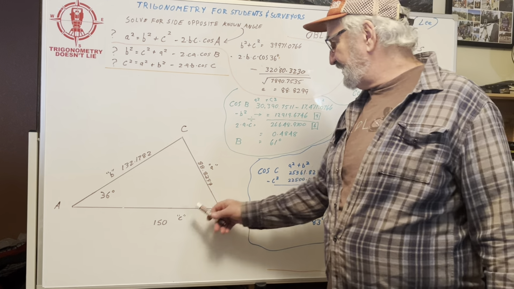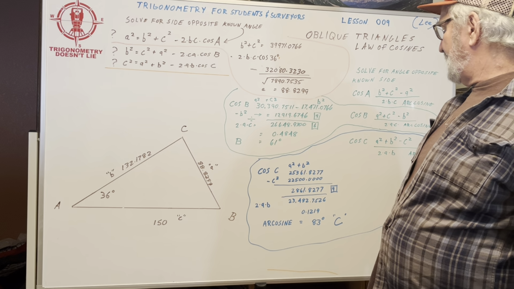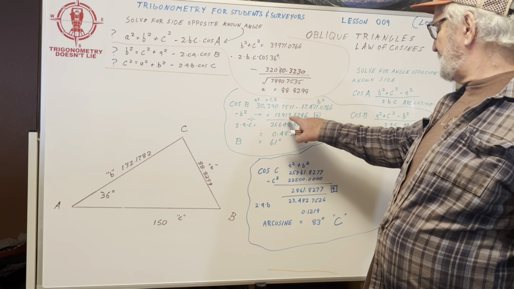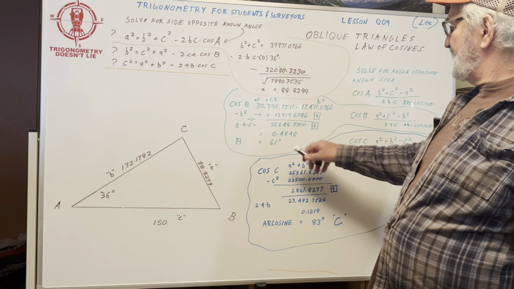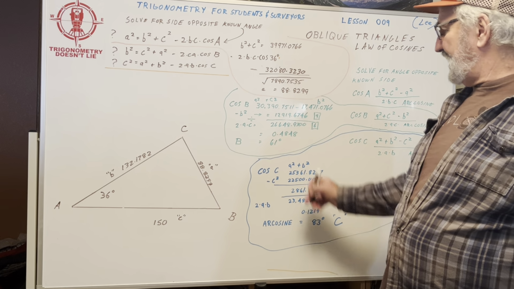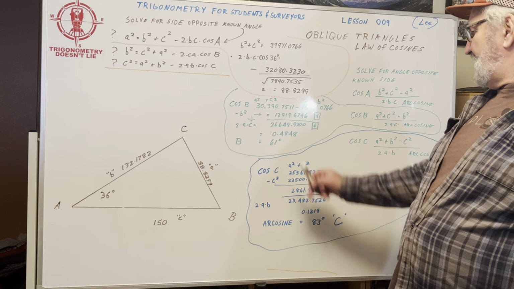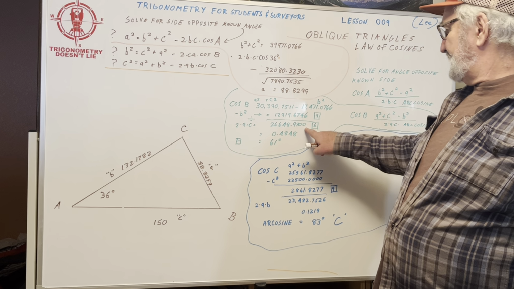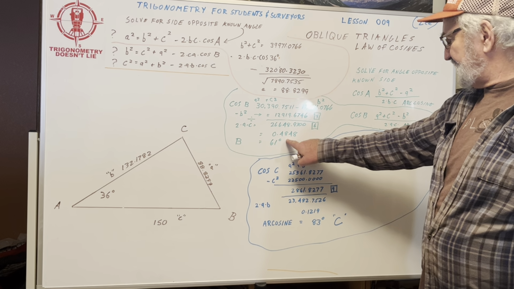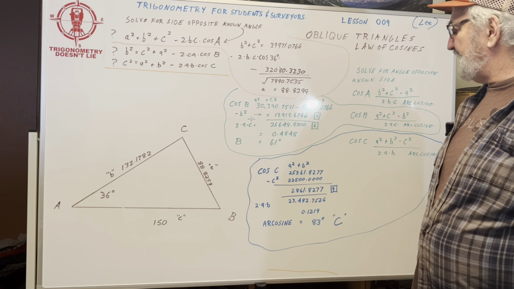B squared is that number there, and then you minus that, and that gives you that number. You divide that by 2 times a times c, and you get 0.48. Your ratio is 0.4848. And now you want the arc cosine of that.